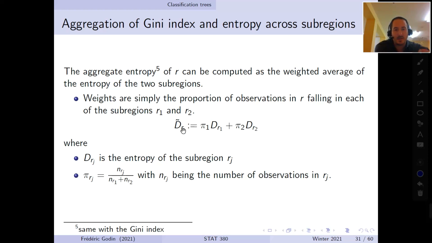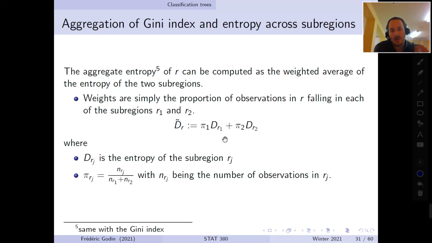The aggregate entropy is pi 1 times the entropy of subregion R1 plus pi 2 times the entropy of subregion R2, where pi j, the weight for region Rj, is the number of observations in region Rj divided by the number of observations in total, in R1 plus R2, so the total number of observations in the entire region R.